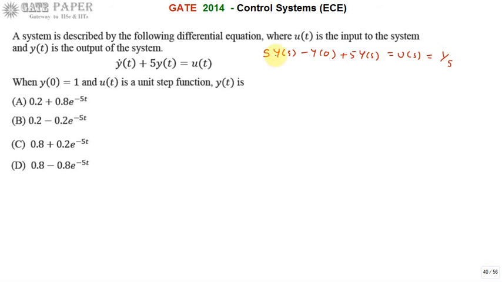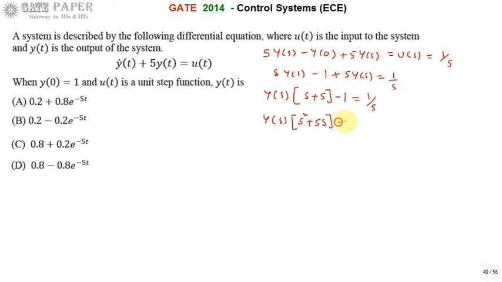And now s times Y(s) minus 1 plus 5 times Y(s) is equal to 1/s. So take Y(s) common, then it will be s plus 5, minus 1, is equal to 1/s. Taking this s to the other side, this will be Y(s) times (s square plus 5s) minus s is equal to 1.